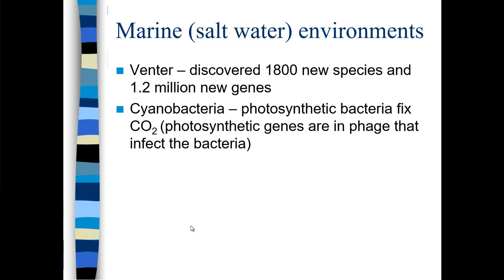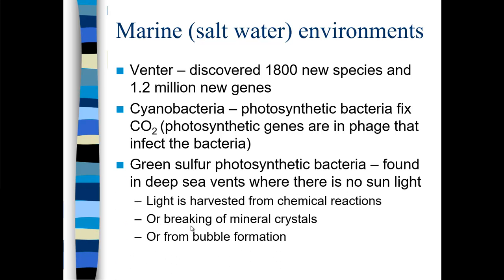These are photosynthetic bacteria that fix carbon dioxide, and so they actually will work against climate change. And these genes are actually not a part of the bacteria themselves; they're a part of phage, and the phage infect the bacteria, and the cyanobacteria are photosynthetic.